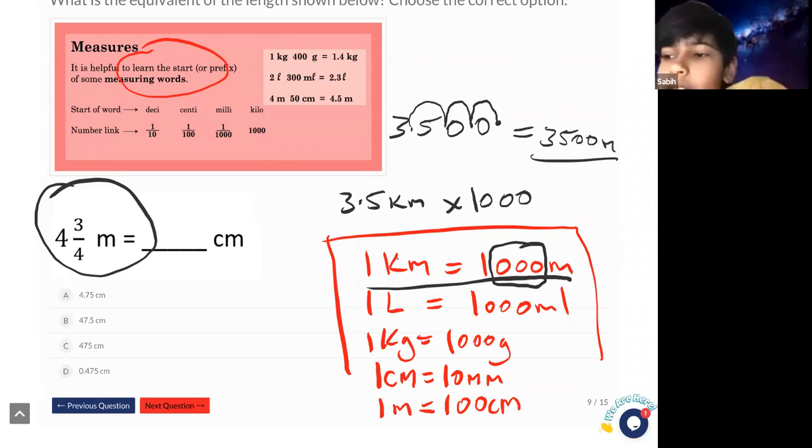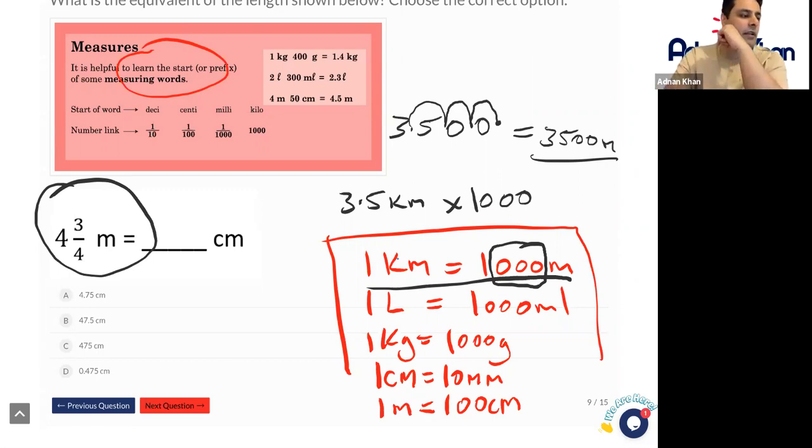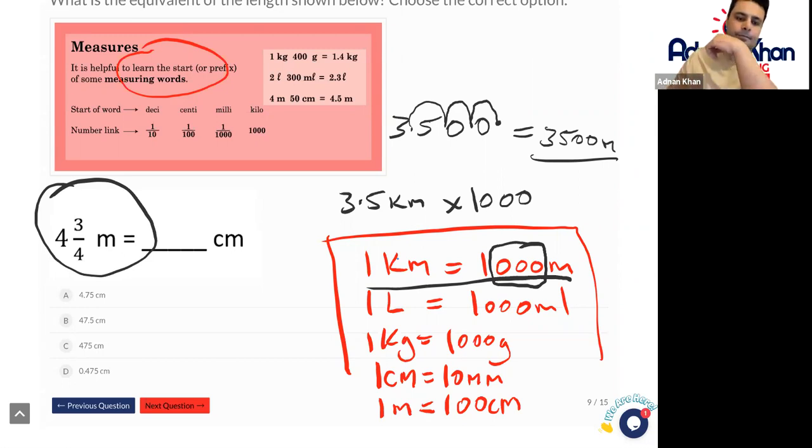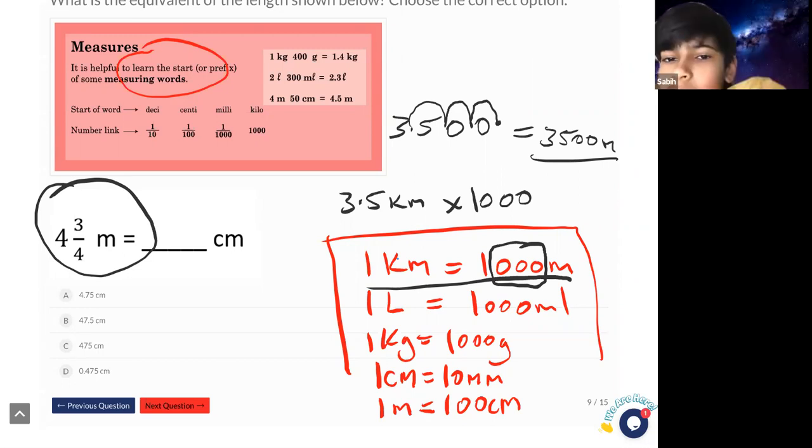It's C. Can you give me some sort of clarity in working out as well? So, 1 meter equals 100 centimeters. So 4 meters will equal 400 centimeters. And then you have 3/4 of a meter, and 3/4 of 100 is 75.